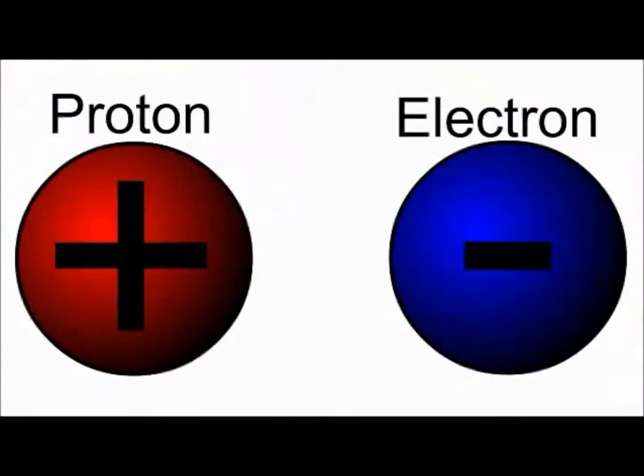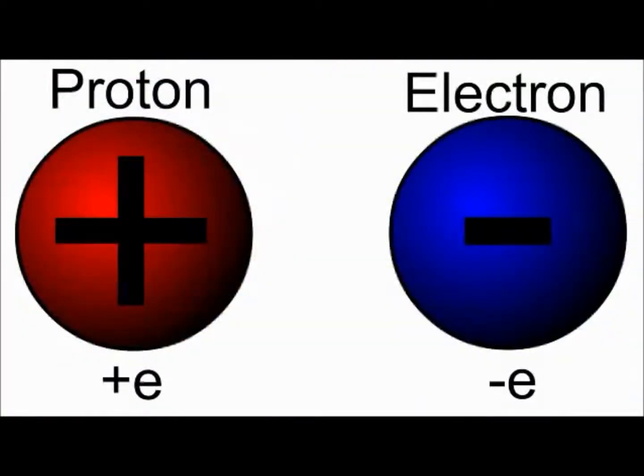And there are two everyday particles that carry these charges. There's the proton, which carries the positive charge, and the electron, which carries the negative charge. The amount of charge on the electron is the same as the amount of charge on the proton, except the charge on the electron is negative. We call this amount of charge the electron charge, and we give it the symbol e.